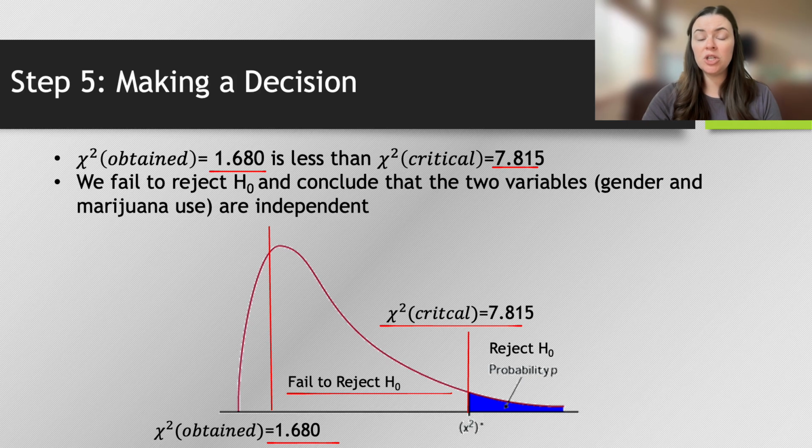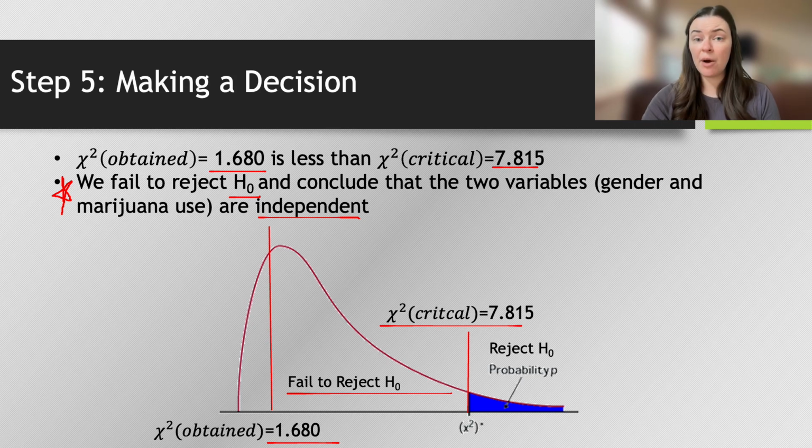And so the way we would interpret this within the context of the problem is a little bit different than how we would do it in our traditional hypothesis testing, because we need to use the language of independence versus dependence. And so in this case, we can say we fail to reject our null hypothesis, which is our H0, and conclude that the two variables, gender and marijuana use, are independent of one another.